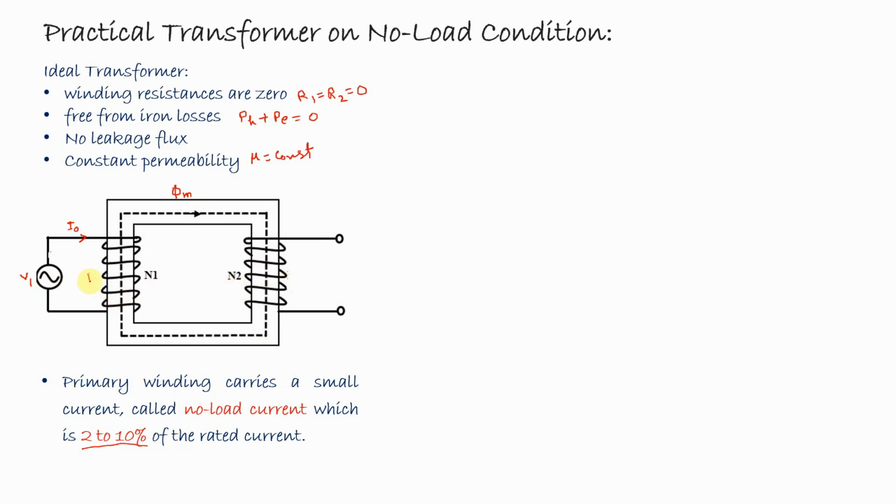We have already discussed during the EMF equation that the RMS value of the EMF in the primary side is represented by E1, and the RMS value of the induced EMF in the secondary side is represented by E2. Here we have considered that the mutual flux, which is a function of time, is a sinusoidal quantity. So it is represented as phi max sin omega t, because this flux depends upon the alternating current.